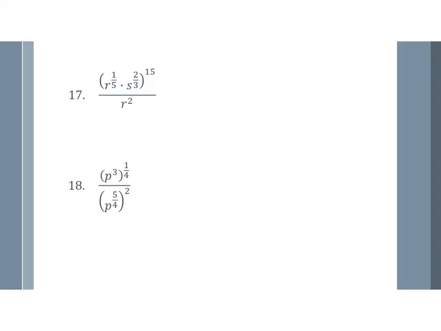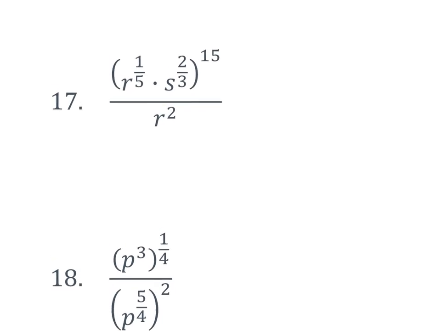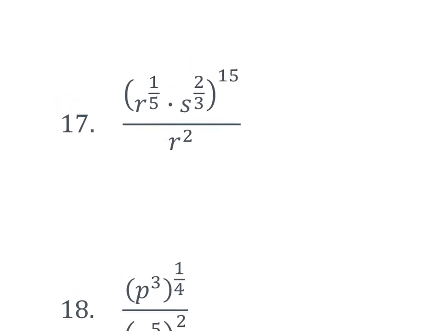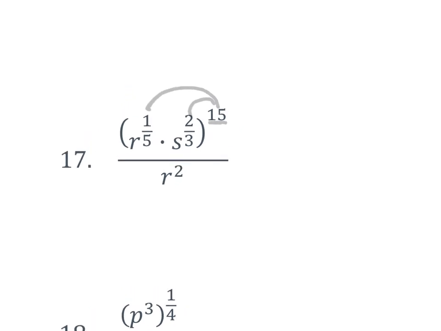All right, for number 18, notice we have a power to a power this time. So remember, this power of 15 is going to go to the 1/5, and it's also going to go to the 2/3. So I'm going to multiply. When it's power to a power, you multiply. So it's 1/5 times 15/1.